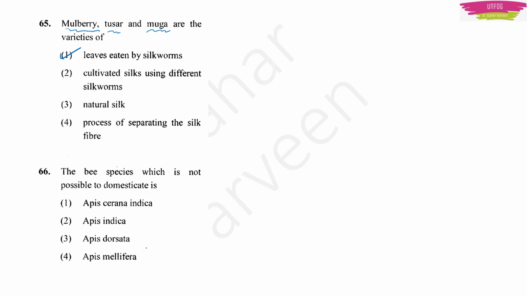In the sense they are harmful also. Okay. So the first option is Apis cerana indica, option 2 Apis indica, option 3 Apis dorsata, and option 4 Apis mellifera. The right answer is option 3 Apis dorsata, and it is that bee species which cannot be domesticated. It is not possible.